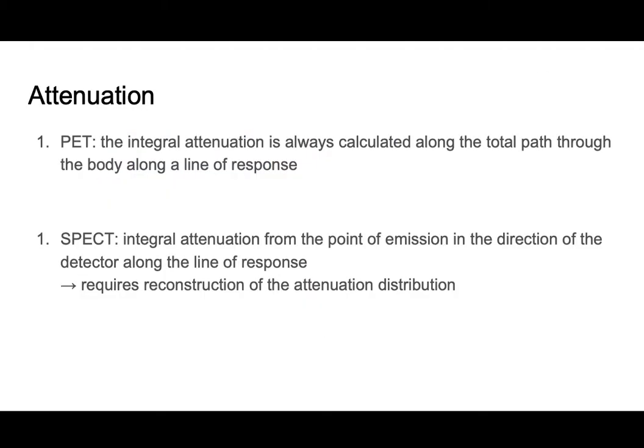Before I dive into the main concept of this paper, I would like to talk about attenuation a little bit. Attenuation, as we all know, is the probability per unit length path that an interaction will occur.